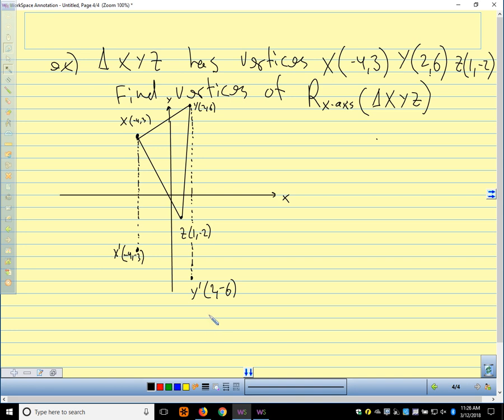And for reflections, we think of the mirror as being two-sided. So Z is going to reflect up instead of down. So I go up from -2 to the x-axis. I go 2 units, and I have to go up 2 more. So Z prime is going to be at 1, 2. And my reflected triangle would look like this.